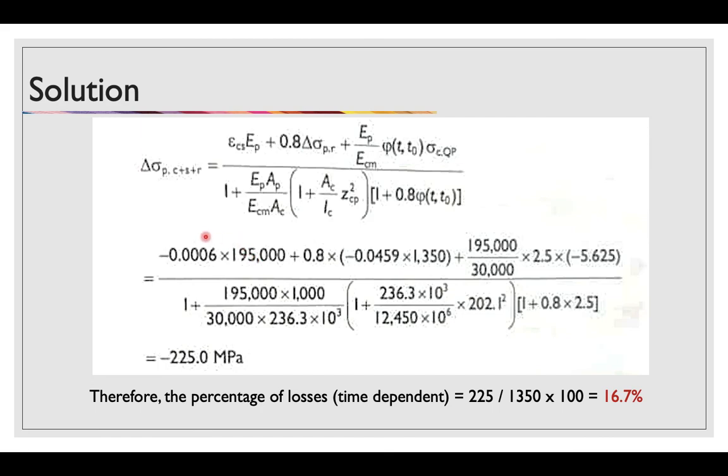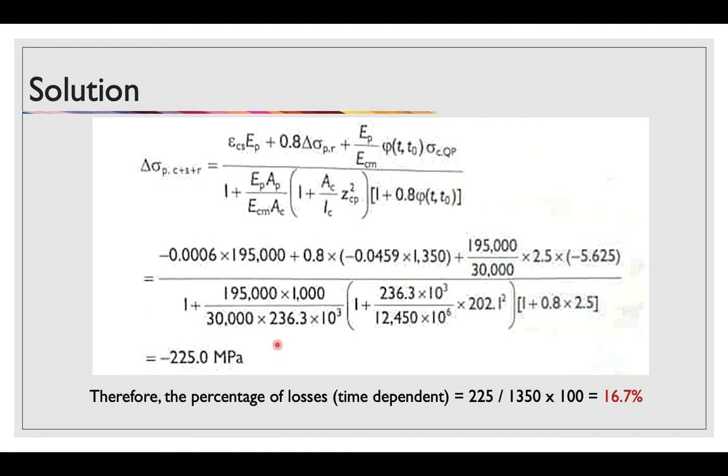What we are going to do is simply substitute all the values that have already been given. We have these values of the coefficients, as well as the values of the area and also I. We substitute everything into this equation, and we get negative 225 MPa. This is the value of the losses due to creep, shrinkage, and also the relaxation of steel.